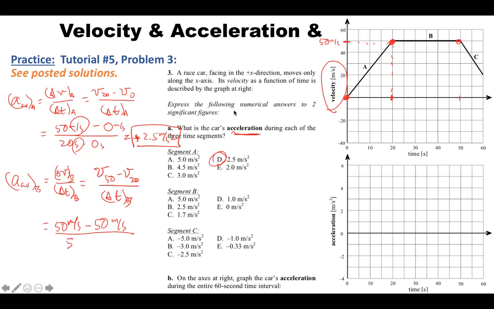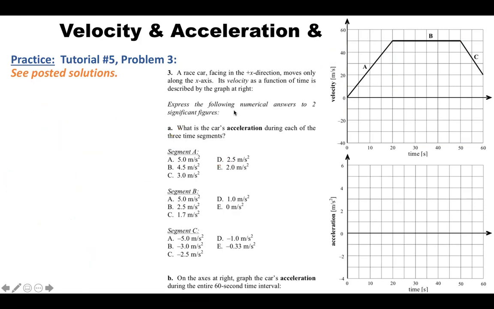And then in the denominator, we have 50 seconds minus 20 seconds. So that's equal to 0 over 30 seconds. So 0. Or just plain 0. Units are optional for me if the value is 0.